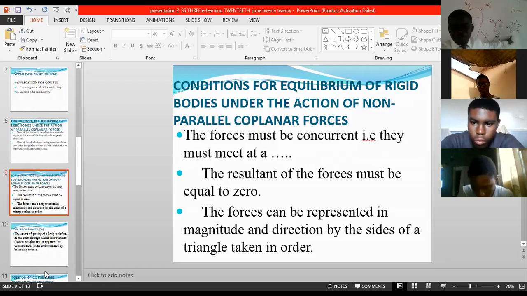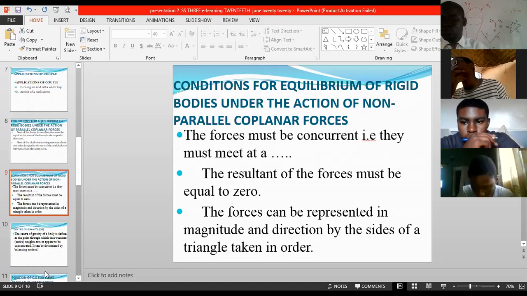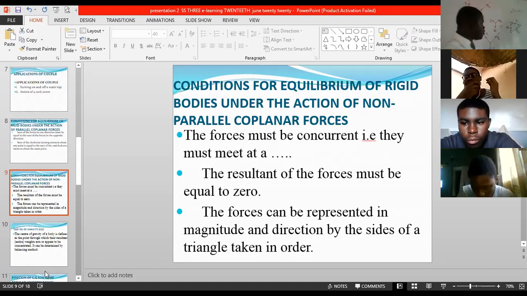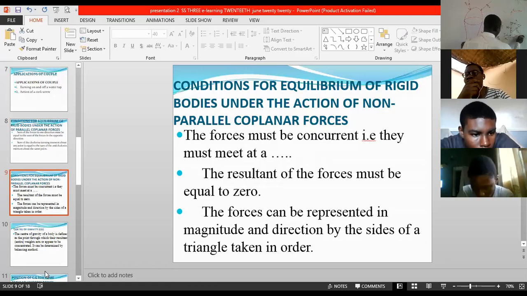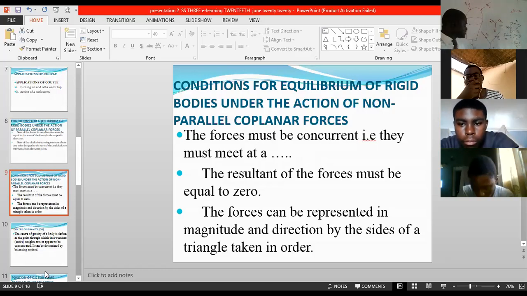In order to solve point 3, you use the sine rule, where sine capital A over small a is equal to sine capital B over small b is equal to sine capital C over small c. Capital A, B, C represent the angles, the directions. Small a, b, c represent the forces, or the magnitude of the force. That is the third point.